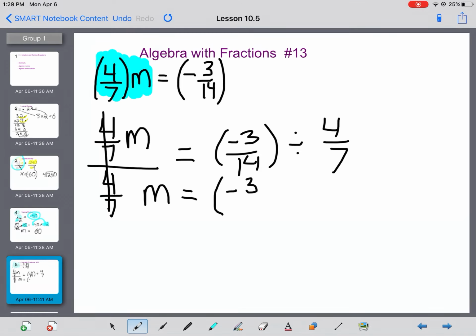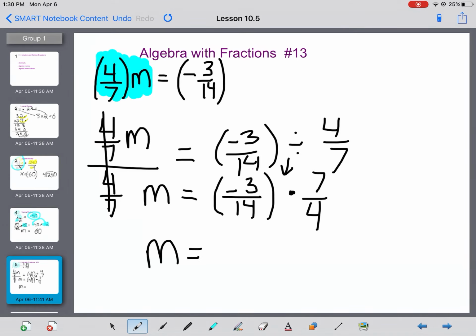Now, we need to just go back to our lesson that we did the other day. How do I divide with fractions? Well, the answer is we multiply by the reciprocal. So again, I change from division to multiplication, and I change my 4/7 to the reciprocal. Now, if I want, I can cross cancel.